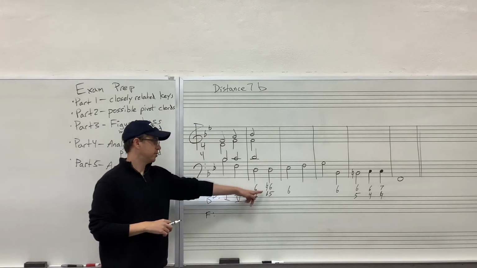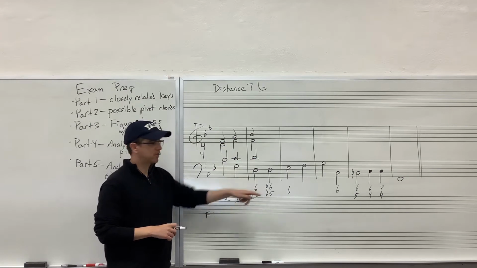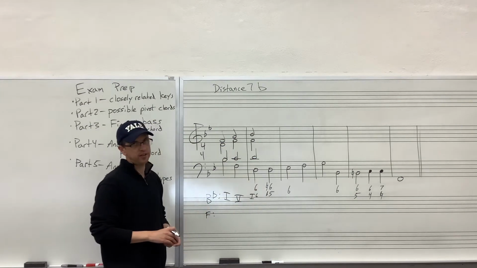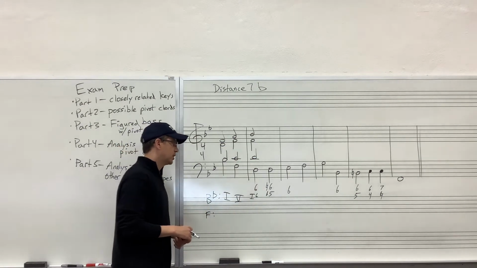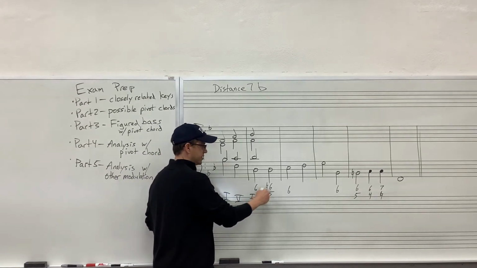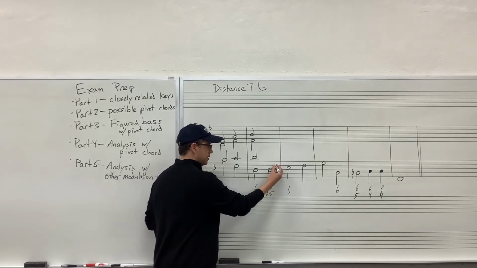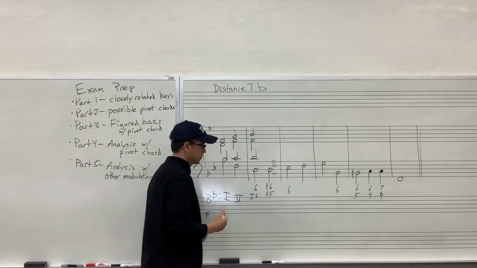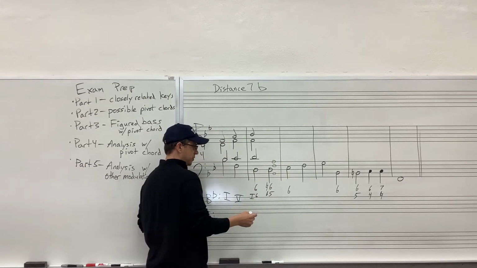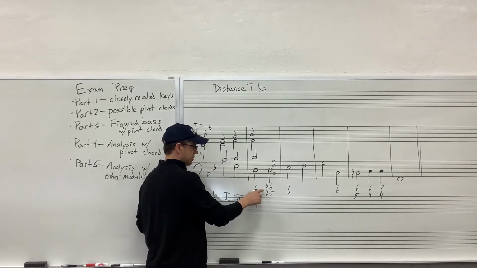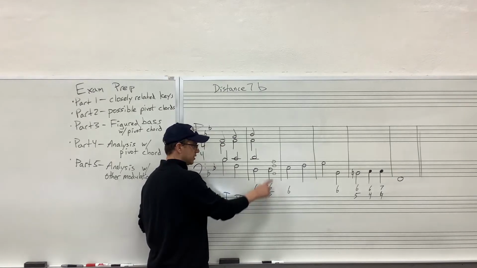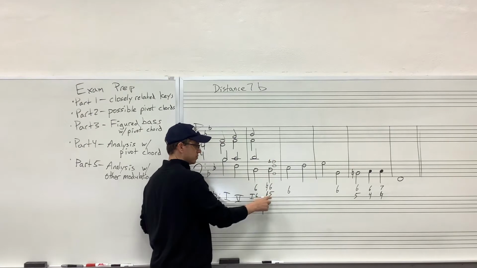This one will need a little bit of work because it's in inversion and it's got accidentals. So it's 6/5, so we know it's going to be like this. Now let's figure out all these accidentals. So we have a fifth above the bass is flat, so we're going to have A flat.